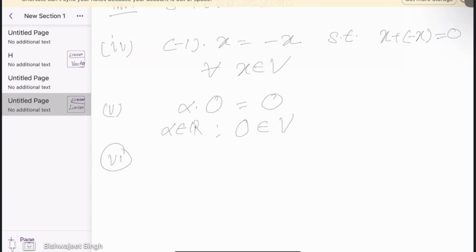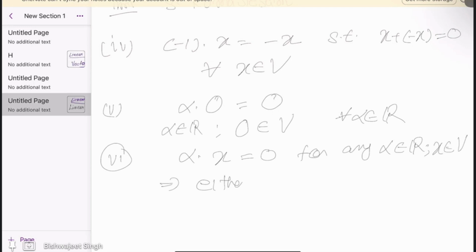And the sixth property is that alpha dot x equals 0 for any alpha belonging to R and x belonging to V implies that either alpha equals 0 or x equals 0.